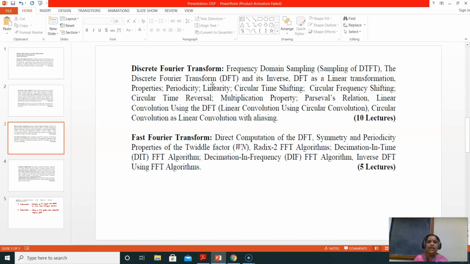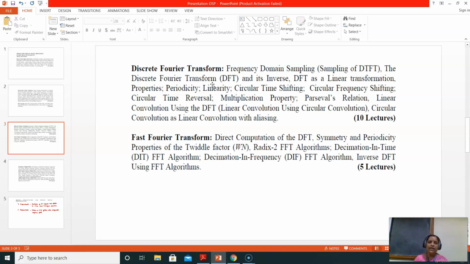Then we will see some problems related to finding discrete Fourier transform coefficients for a discrete time signal to represent the signal in the frequency domain. Then the properties of the discrete Fourier transform and the related problems for supplementing the properties of the discrete Fourier transform.